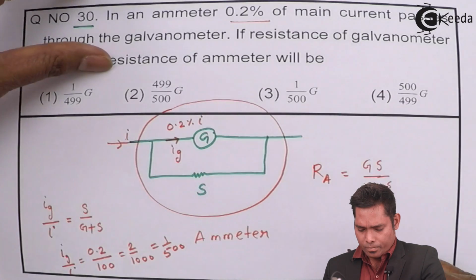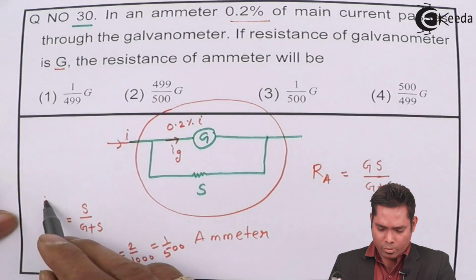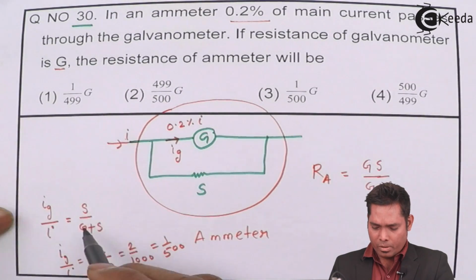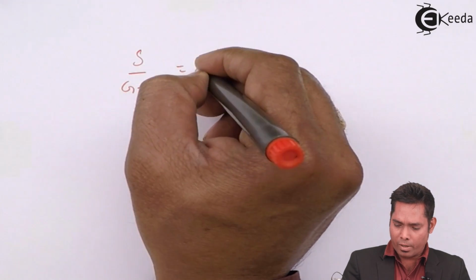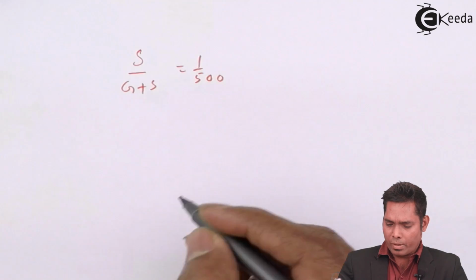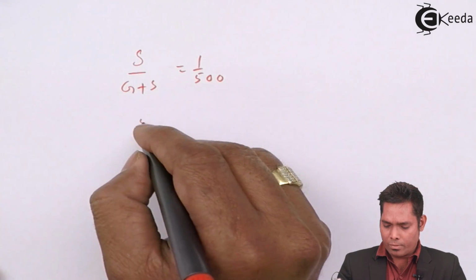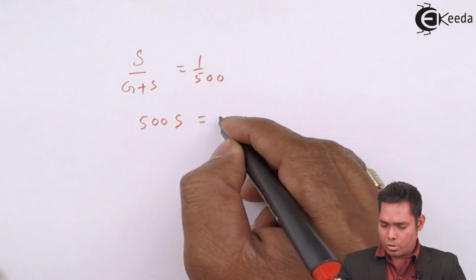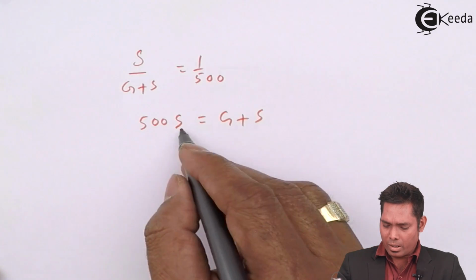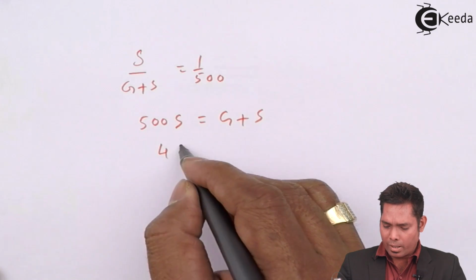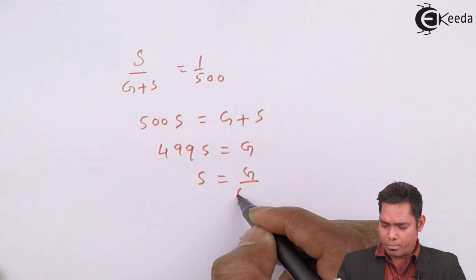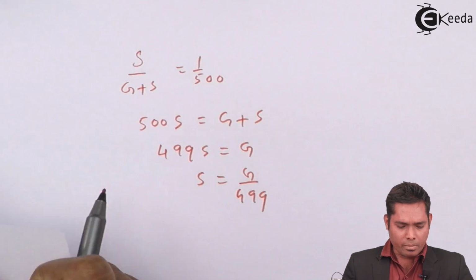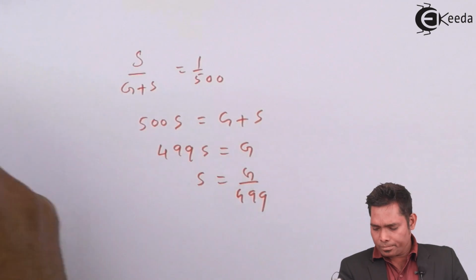So if I put Ig over I as 1 upon 500, then S over G plus S is 1 upon 500. If I cross multiply, I get 500S equals G plus S. Bringing this to the other side, 499S is G, and S is G divided by 499.